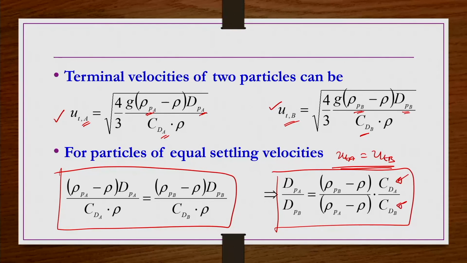That is the reason CdA and CdB are written as they are. CdA is nothing but the drag coefficient for the A particle, CdB is the drag coefficient for the B particle. UTA is the terminal velocity of the A particle, and UTB is the terminal velocity of the B particle. Let us say in the mixture we have some particles whose terminal velocities are equal.